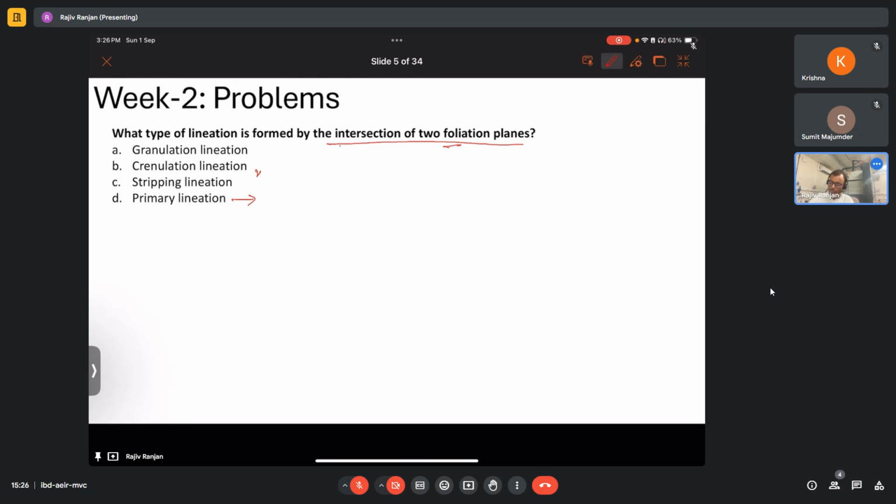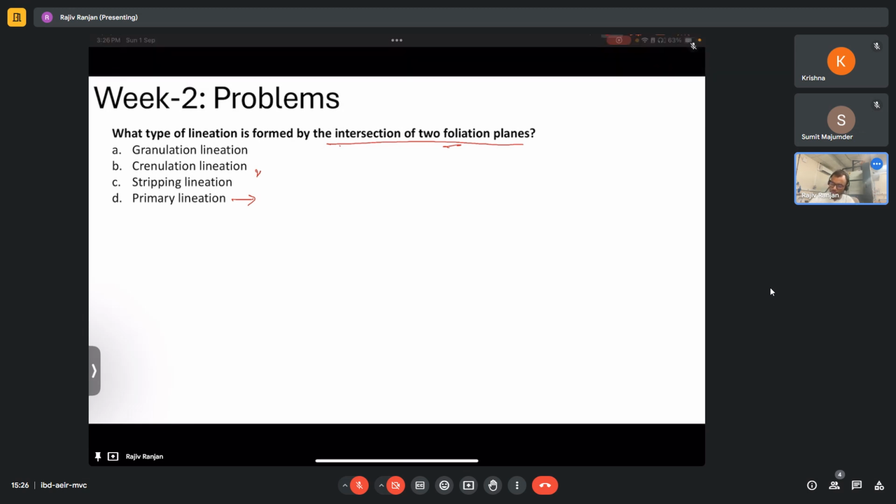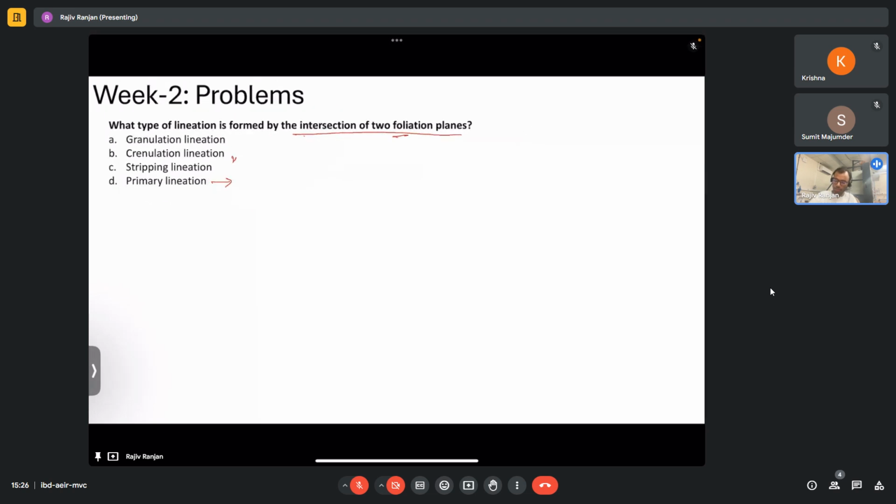So suppose you have a plane. How should I show you? Okay, so crenulation lineation is something. I will just plot on this. Suppose this is a stereonet.